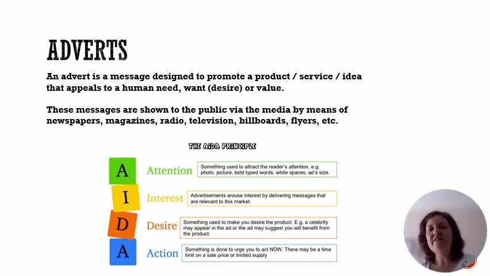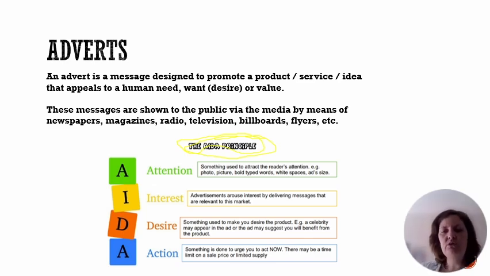When we're doing advertising, it's really important that we have a look at the AIDA principle. And you will see that I've taken this screenshot directly out of section 12 of your survival guide. All right. And the AIDA principle is something that we use when we're wanting to analyze an advert.